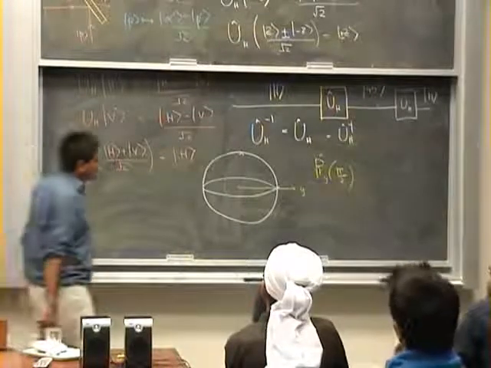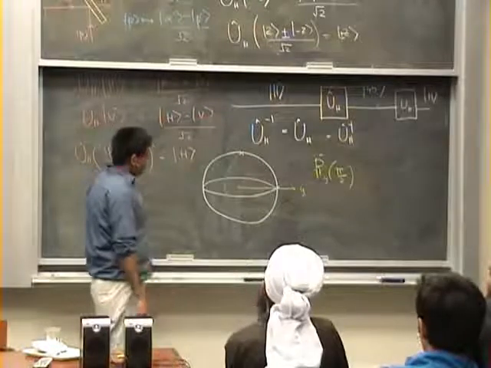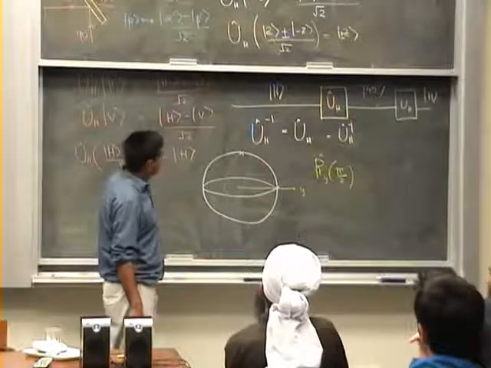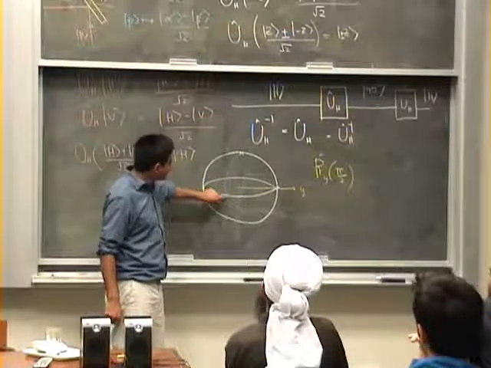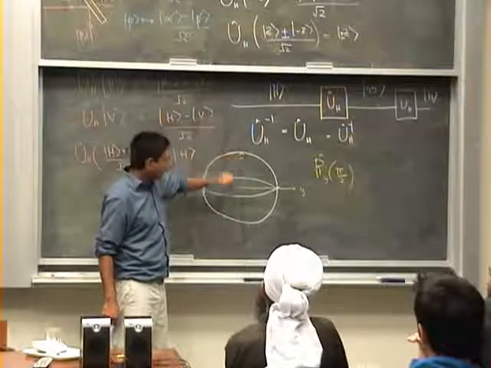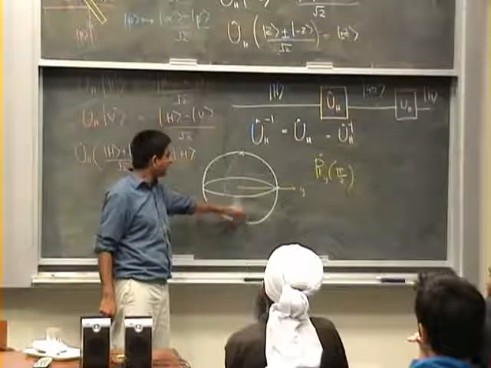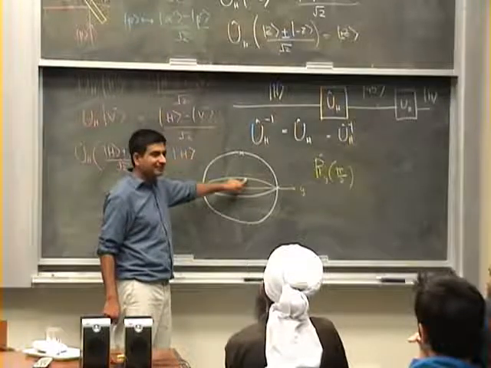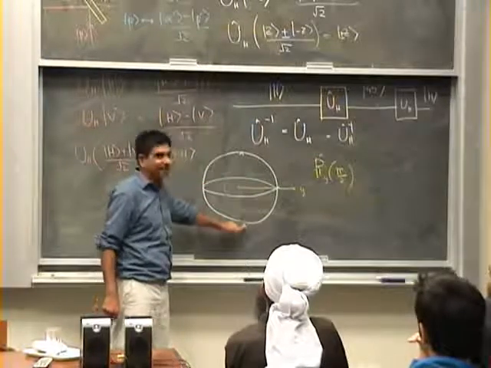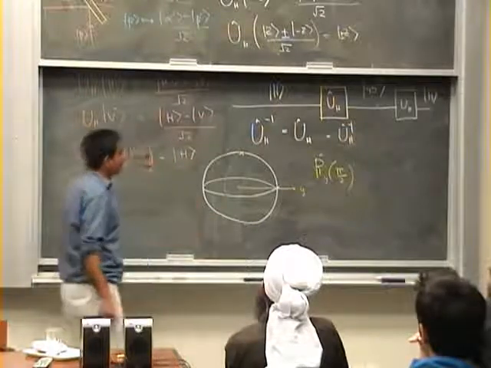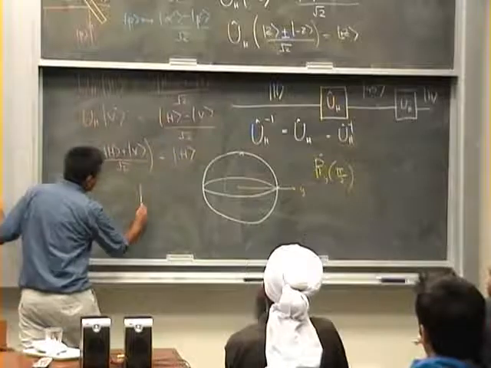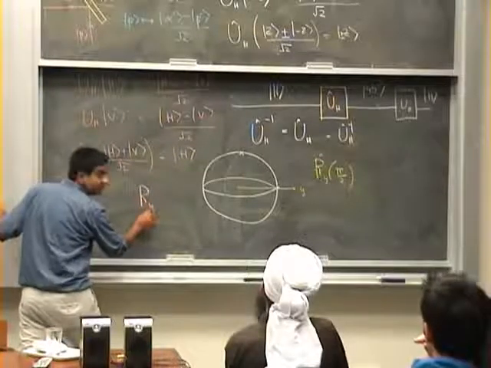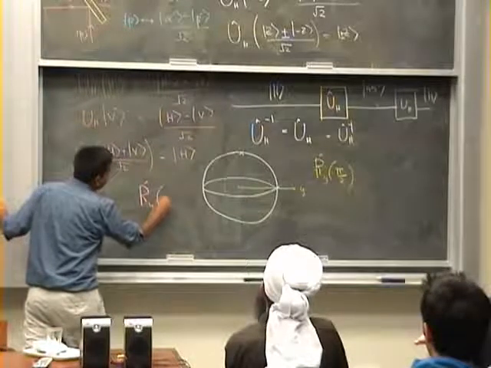So I propose something. If I have this input, I would like to go here. If I have this input, I would like to go back here. If I have this input, beta, I would like to go to the back. And if I have this input, I would like to come here. So what I would propose, let's do a rotation R about the y-axis through 45 degrees.